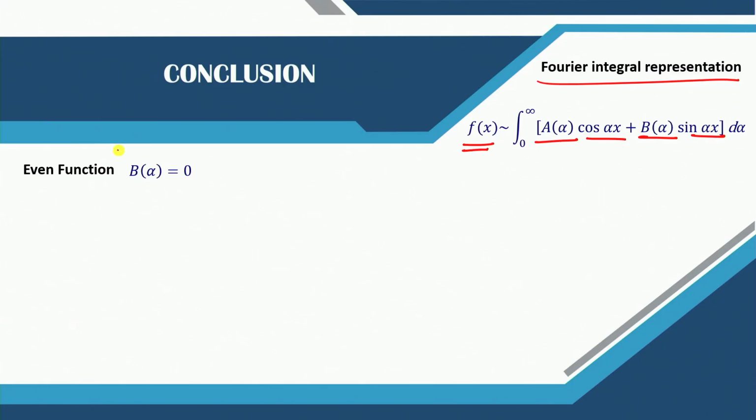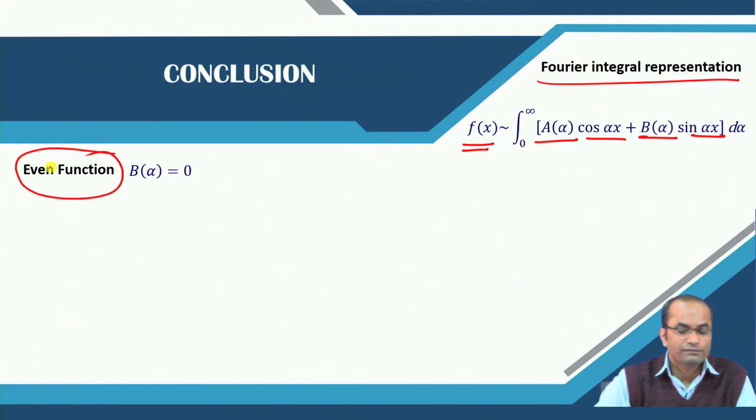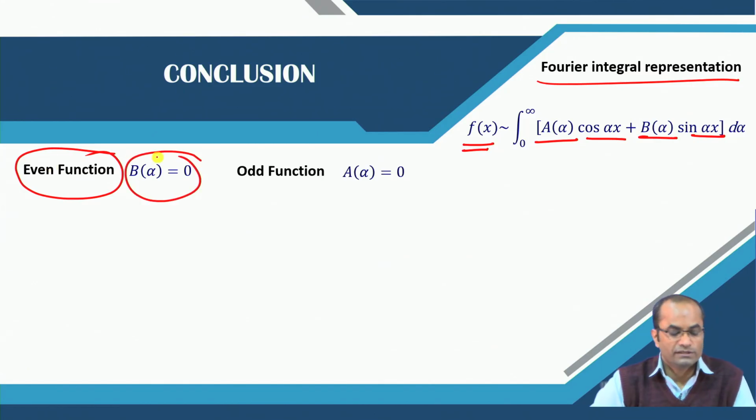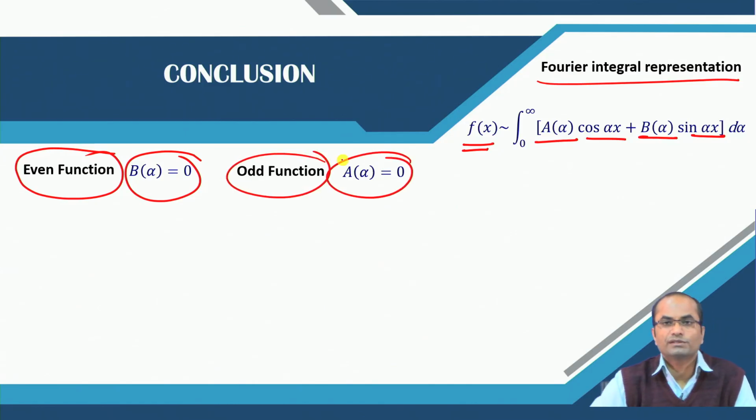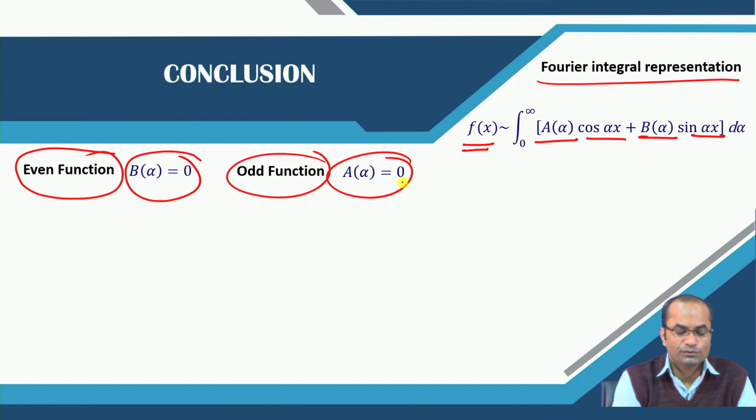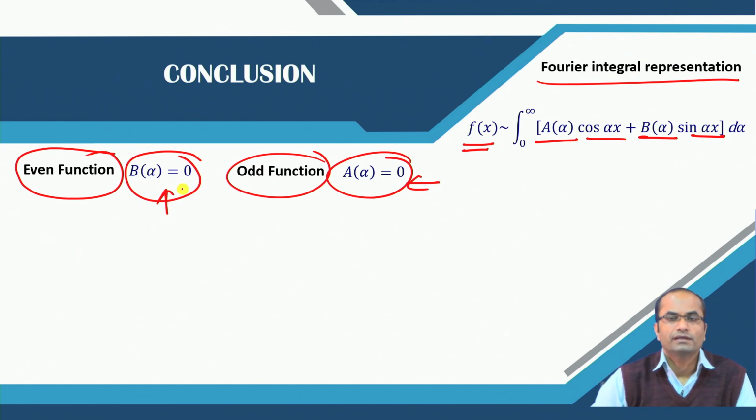But what we have seen in this lecture is that if f is an even function, then b(alpha) will be simply 0, and for an odd function a(alpha) will become 0, and we can just compute b(alpha). In this case we need to just compute a(alpha), a much more simplified integral.